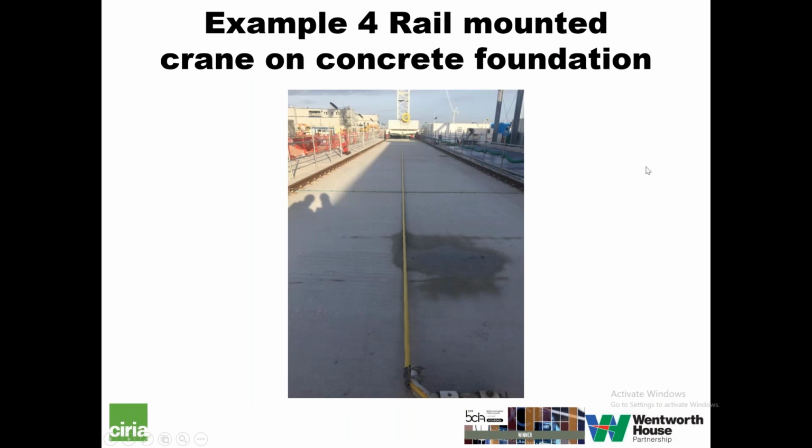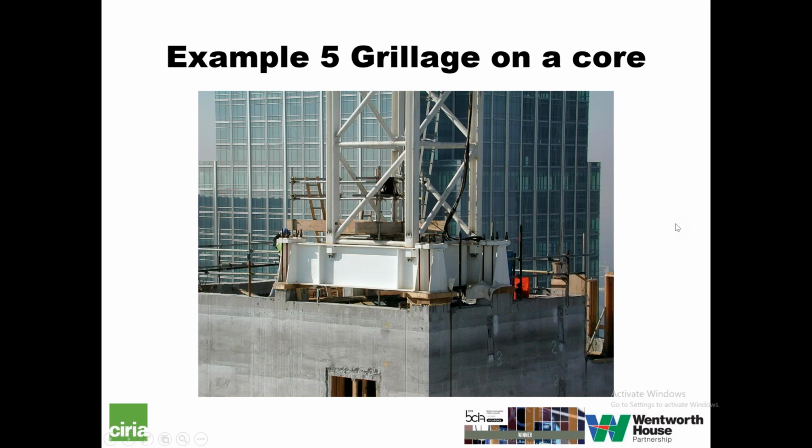Rail mounted tower crane. This is basically two strips of concrete, so the design is in principle similar to a gravity base. So grillage stuck on top of the core. You can see here the stiffeners around the two main beams, tie rods going down, anchored down within the core.